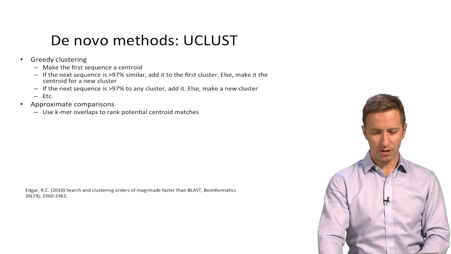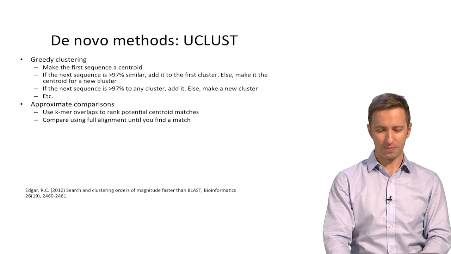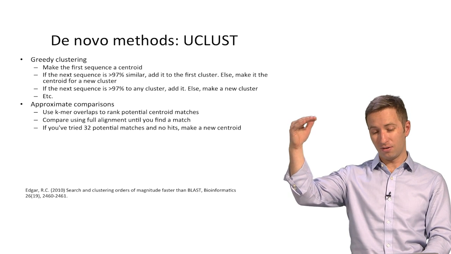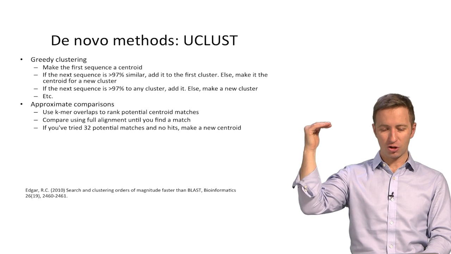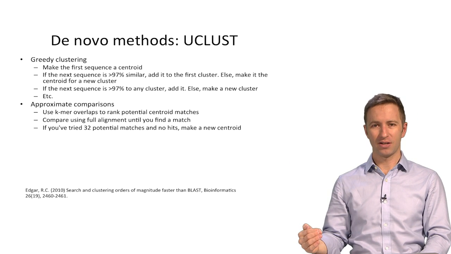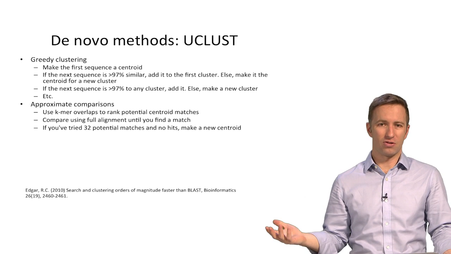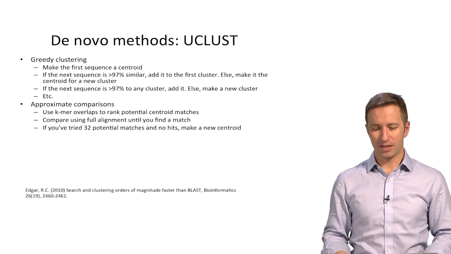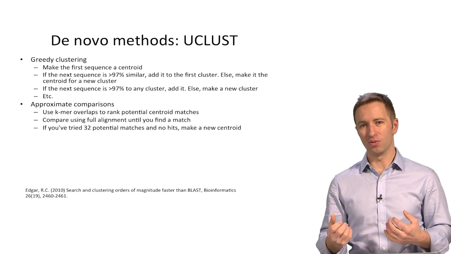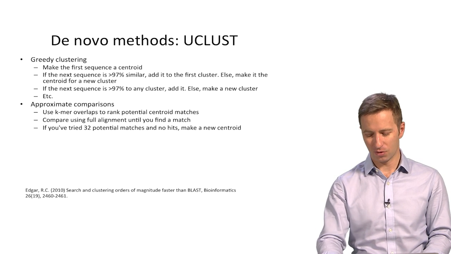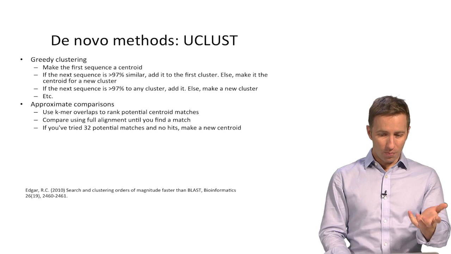With the Uclust approach, you usually try a certain number of matches, and if nothing hits, you just assume there's no hit. But that's based on the k-mer overlap, so it doesn't mean that you will always find a hit if there's one in there.